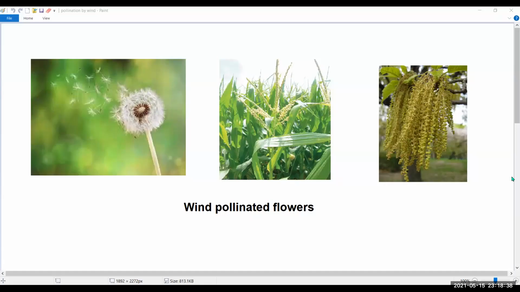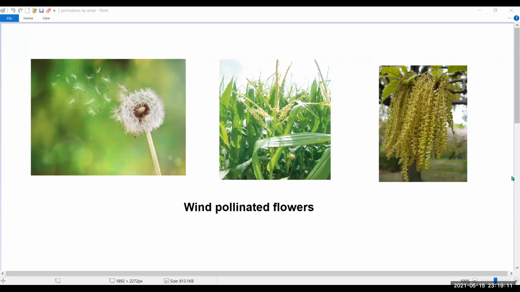Now, the next agent of pollination is wind. The flowers of grasses such as rice and maize are pollinated by wind. Wind pollinated flowers show characteristics like their pollen grains are dry and light so that they can be easily blown by the wind.